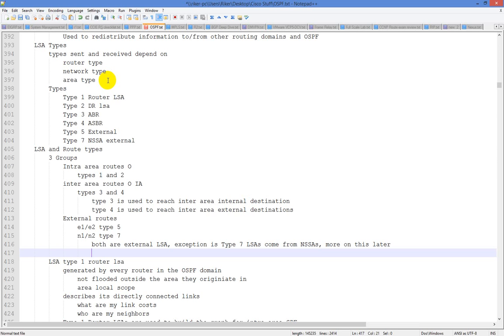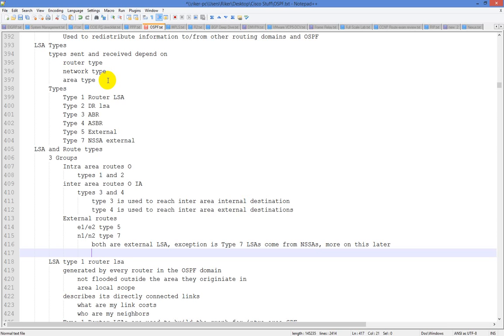If you have to leave your area to get to somebody else, then that's a Type 4 LSA. A Type 3 LSA is also you're leaving your area to get to somebody else, but it's an internal OSPF route. That's the difference between them.